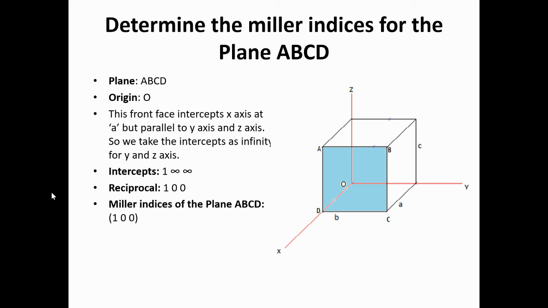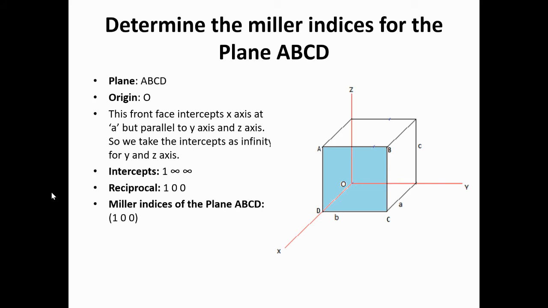I repeat that the front face intercepts the x-axis at A but not y and z. It is parallel to y and z. As it is parallel to y and z, we take these coordinates as infinity and infinity.